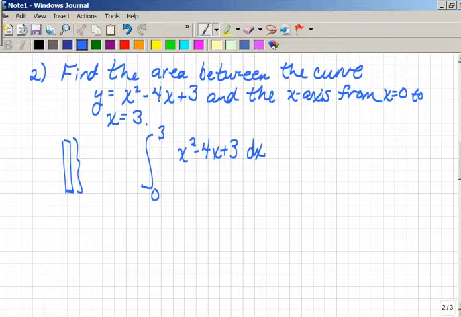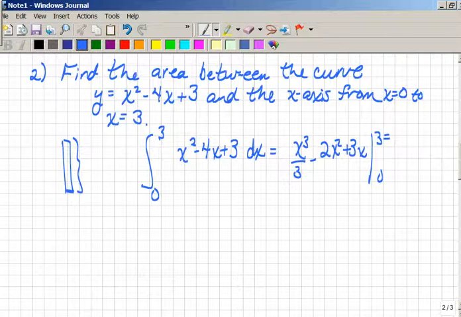Alright, let's see what happens. When we integrate this one, we get x cubed over 3 minus 4x squared over 2, which is 2x squared, plus 3x, with 3 and 0 as the limits of integration.